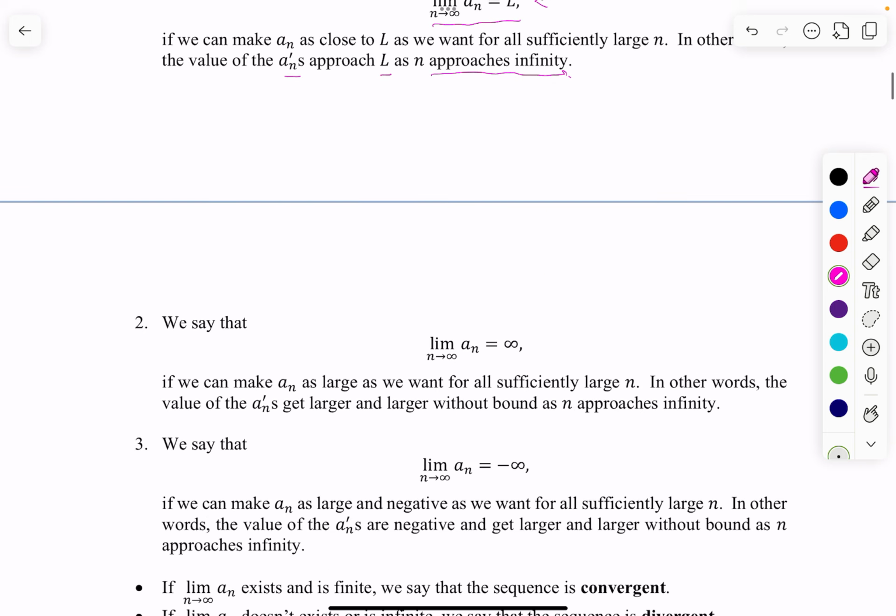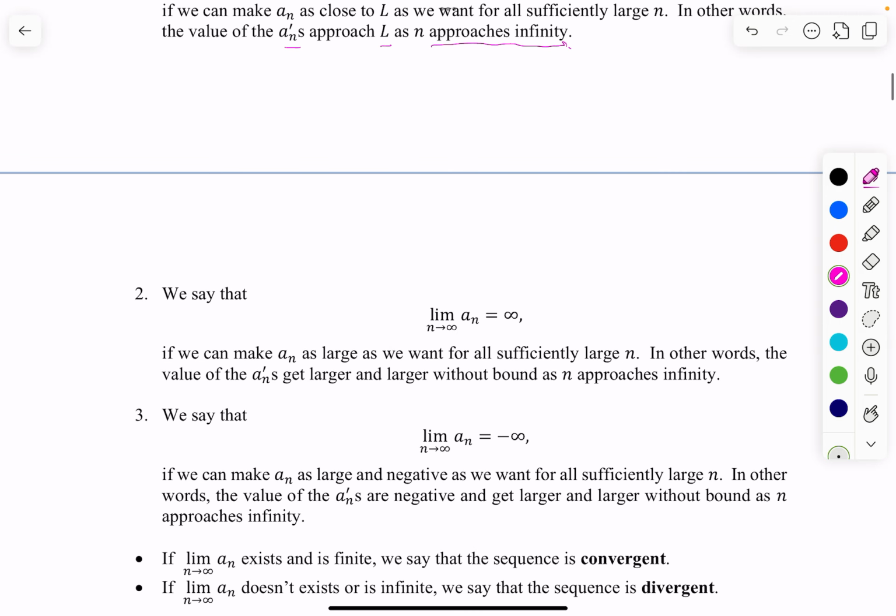Okay, the same thing, we say that the limit of the sequence a_n as n approaches infinity is equal to infinity. So the values of a_n get larger and larger without bound as n approaches infinity. Get larger and larger means it goes to infinity.